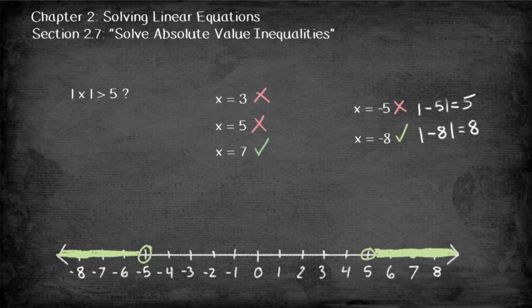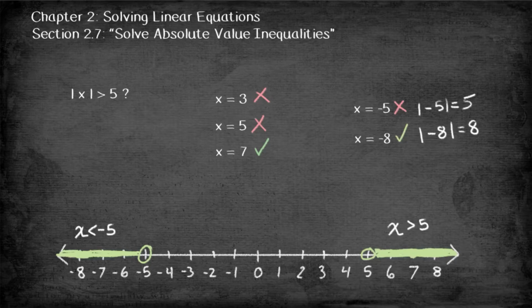So to be a solution, x has to be in one of these two green sets, namely x has to be either greater than 5 or less than negative 5.